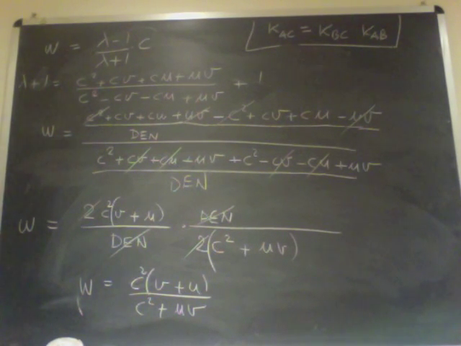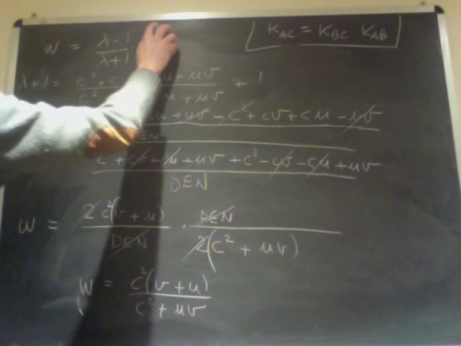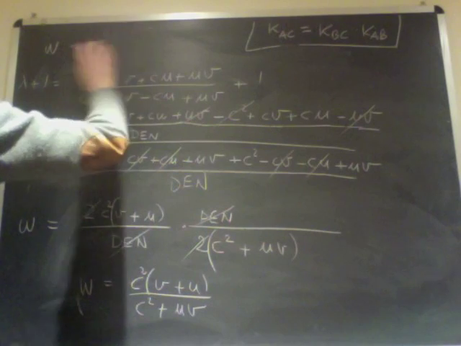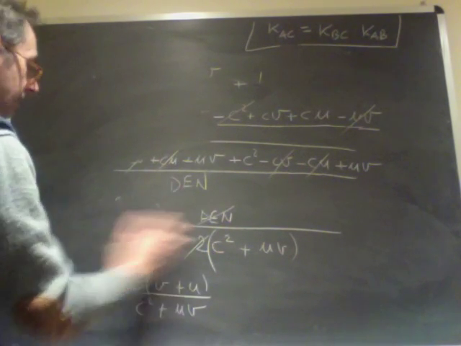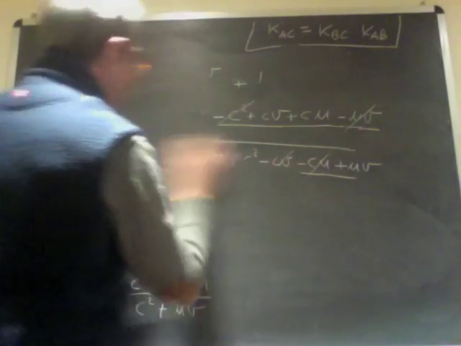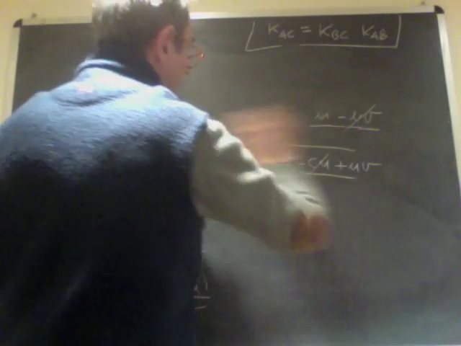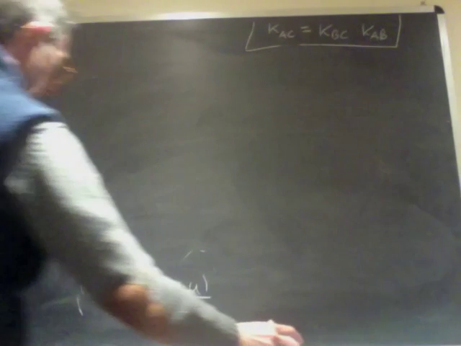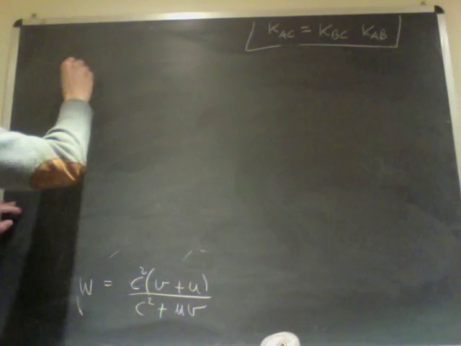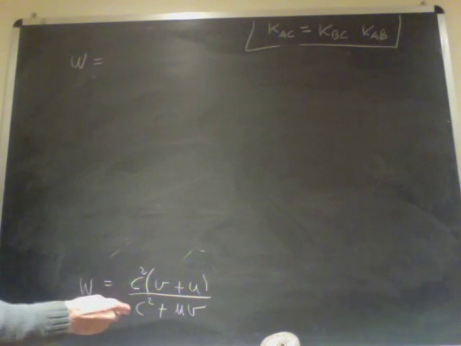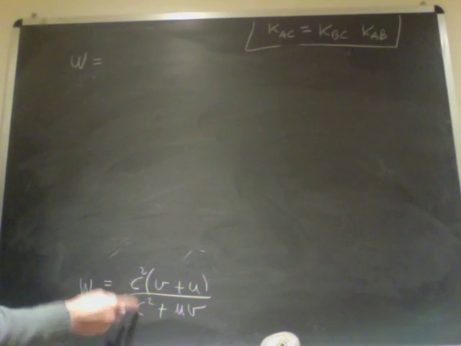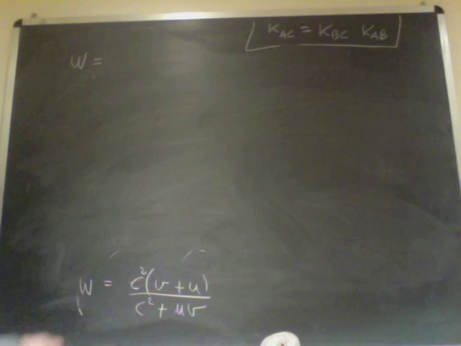Well, at this point, what I can do is that with this final expression, I can rewrite it here, dividing by c squared, numerator and denominator.